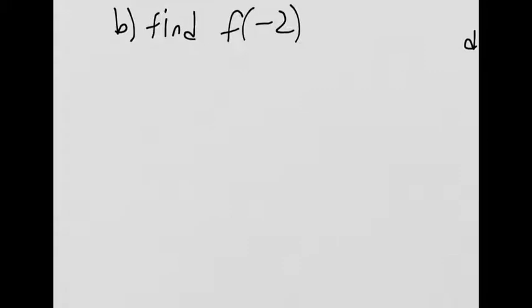B here asks us to find f of negative 2, and just for the sake of reminder, remember our function is f of x equals 3x minus 7. To find f of negative 2, again, all we have to do is replace this x with negative 2.